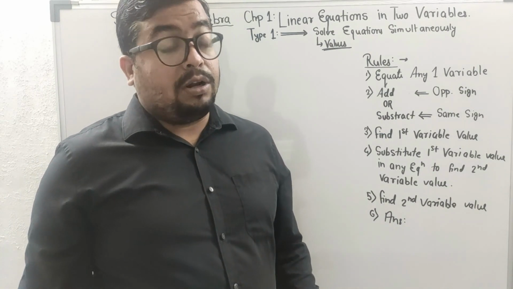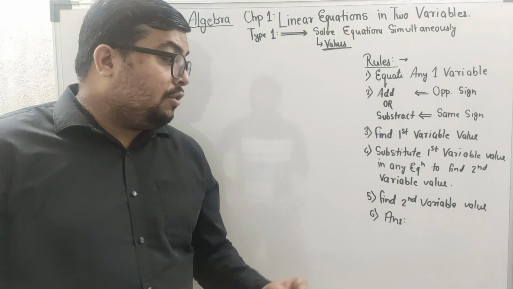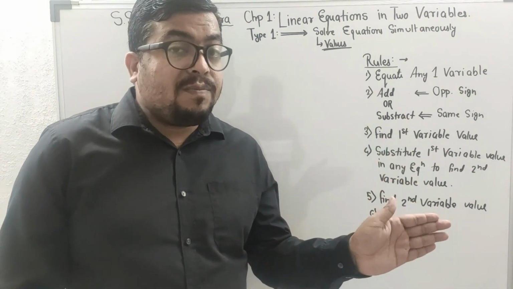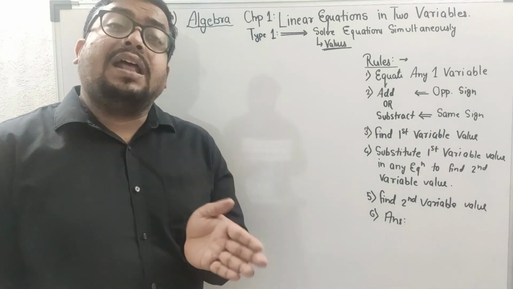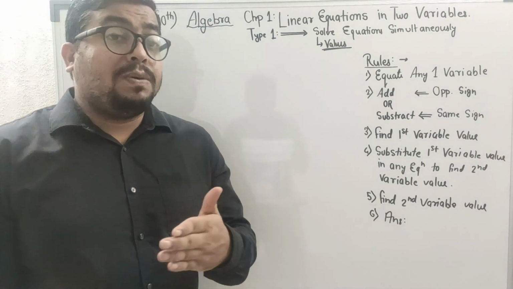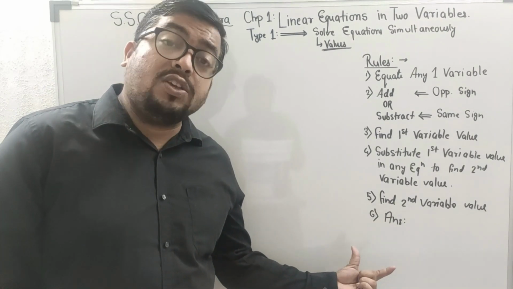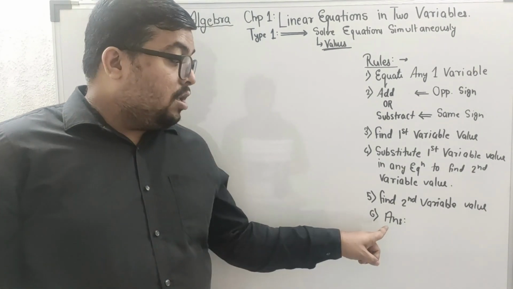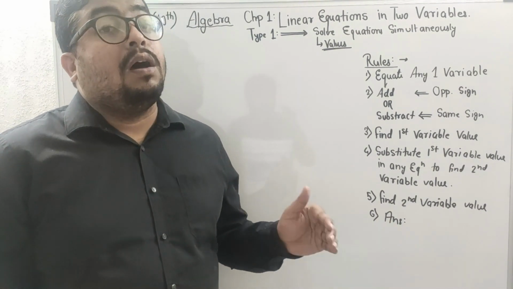And last but not least, you have to give your answer in the format of first variable value, comma, or you can write semicolon, second variable value. Please pay attention over here, students. This step is very important. Many students don't write the answer in their answer sheet. So this will make a bad impression.